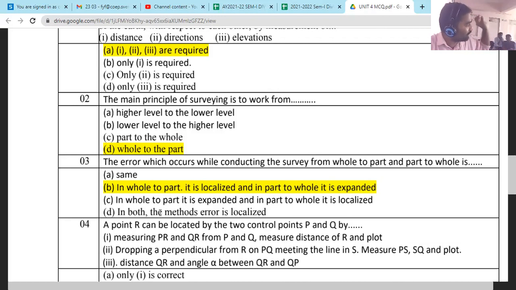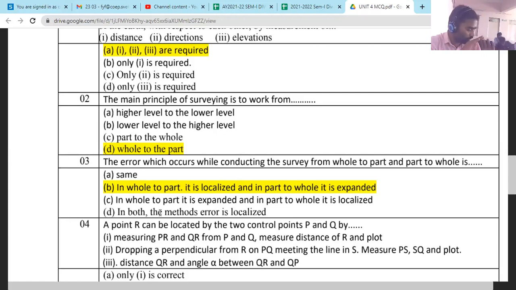Then we have to measure each triangle. Then we have to submit total. So we have to divide from whole to a part. In case if you are measuring 10 centimeter is error, that is the entire. So that 10 centimeters we are dividing into a smaller, so that error is localized. It is decreased.